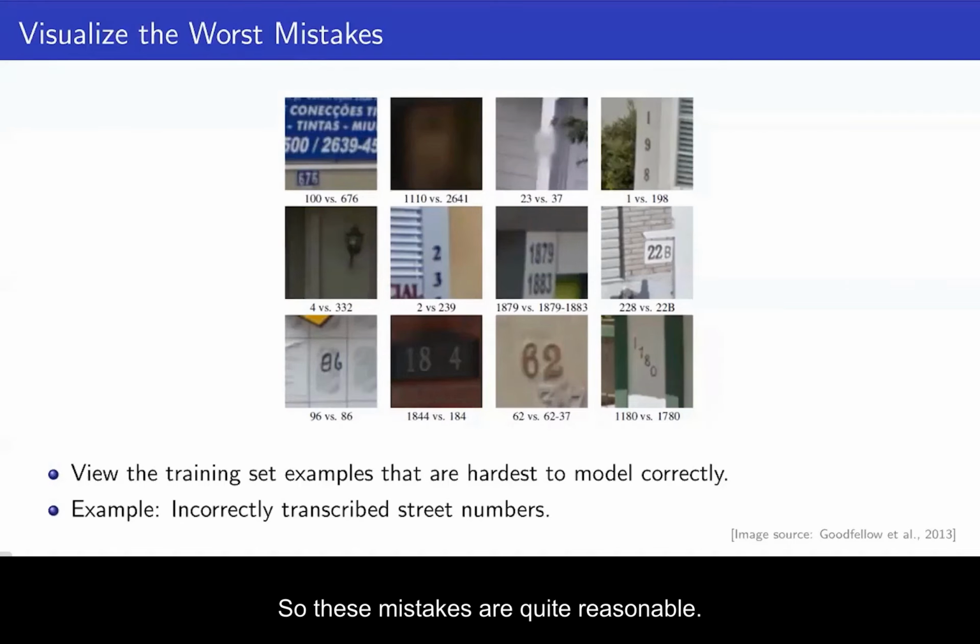So these mistakes are quite reasonable. If mistakes such as these are only a tiny percentage, then it's fine. But you need to check that these types of mistakes are not a large percentage, say approximately 10%. Then you probably want to have an explicit way to handle this in your network.